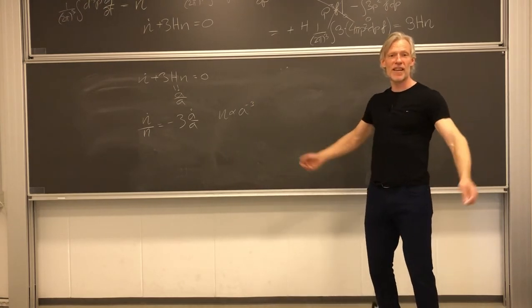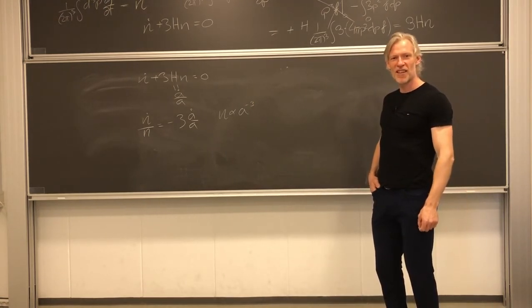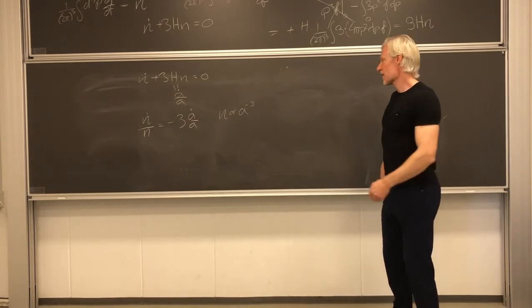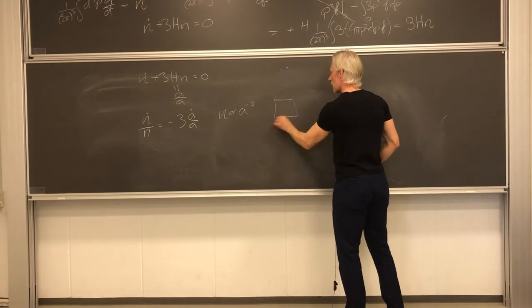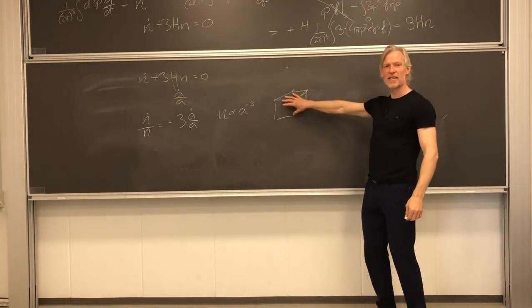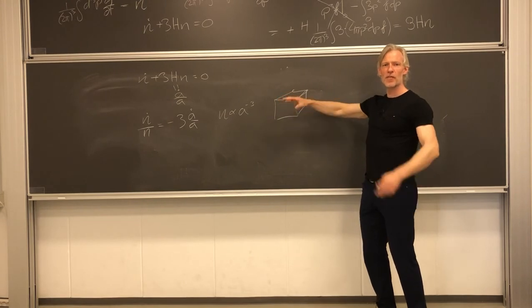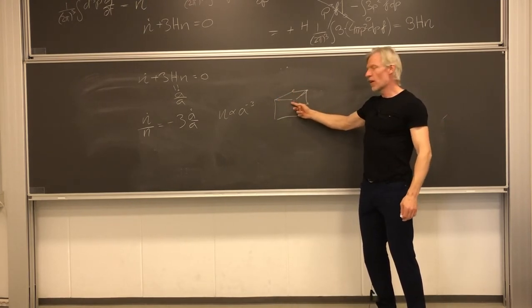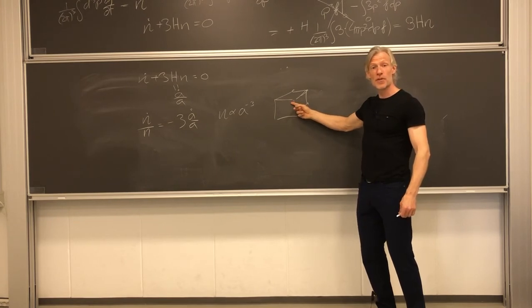And then you might ask, is that a reasonable result? And the answer certainly is yes, because think of a co-moving box. You put particles in that box. The number of particles is a conserved quantity, but the volume goes as a cubed, right?